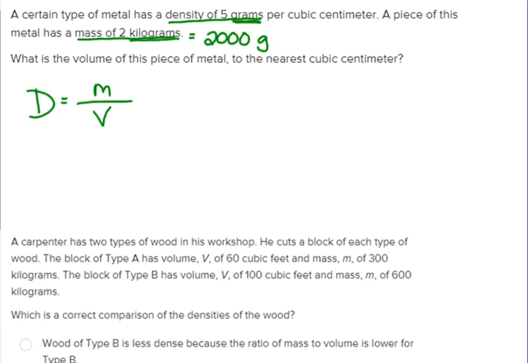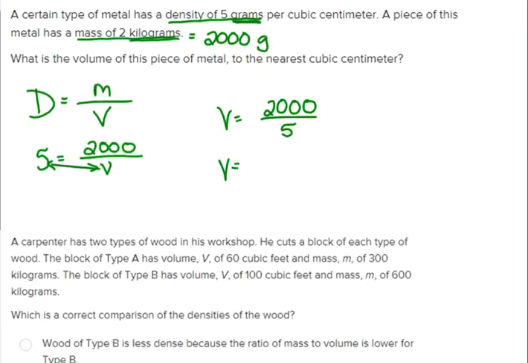So now let's plug these into our problem. We've got density is 5, mass is 2,000. We're looking for volume. Neat thing that happens here, pretty much these two can just switch places. Volume equals 2,000 divided by 5.